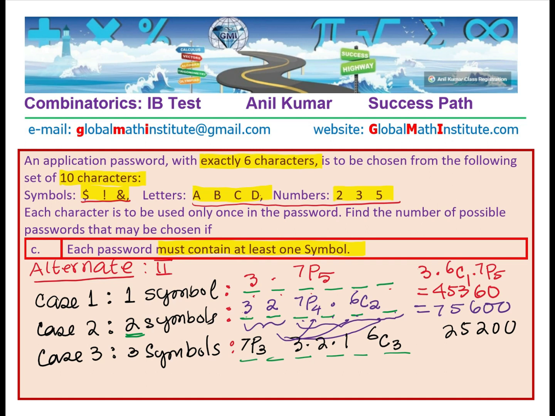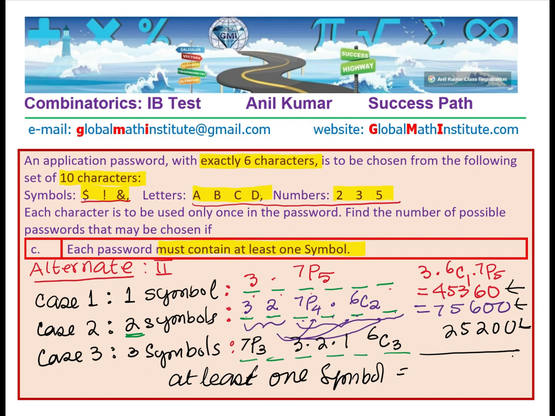Correct. Now we need to add them up to write down how much all of them could be, right? So we can write at least one symbol, add them up. So when you add, what do you get? So we are adding these three quantities, correct?